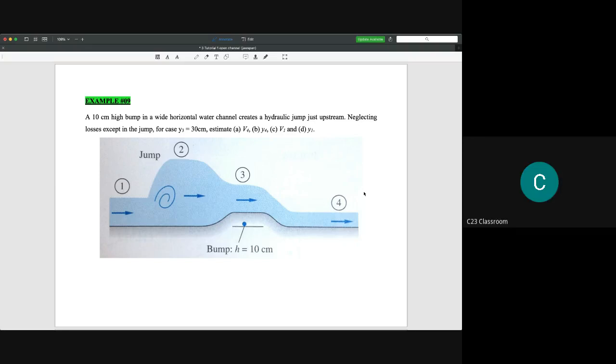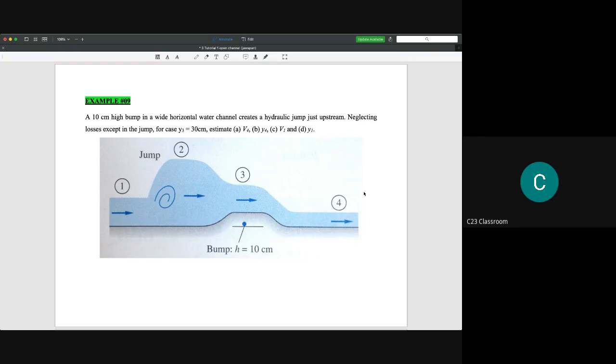Actually, in our syllabus, we are not going to determine when the hydraulic jump will occur. The common idea is that we check its Froude number. If the Froude number is greater than 1, the hydraulic jump must occur.